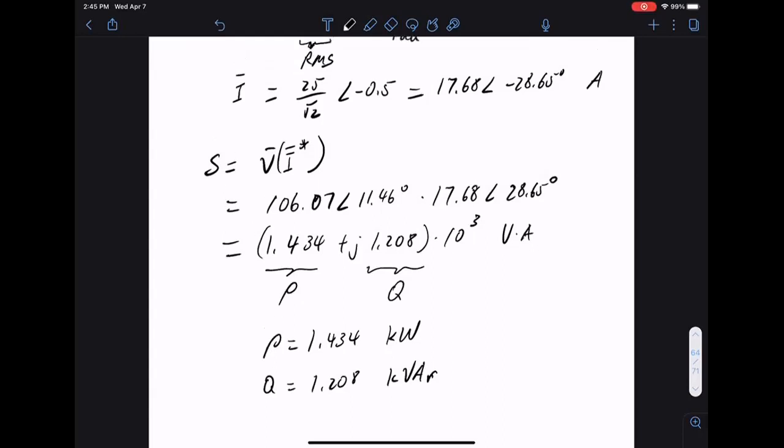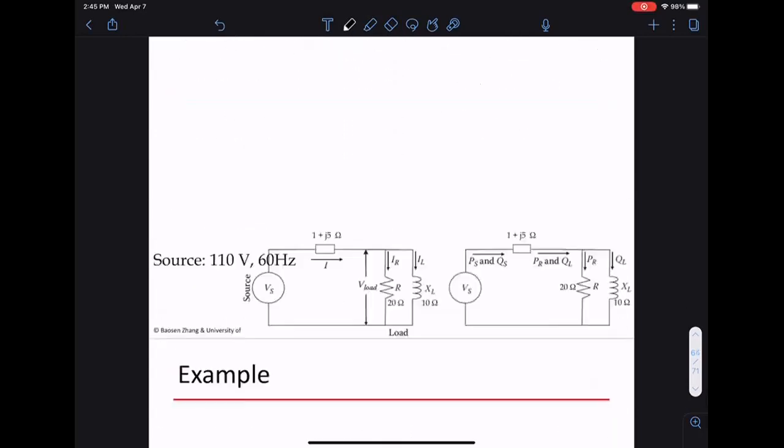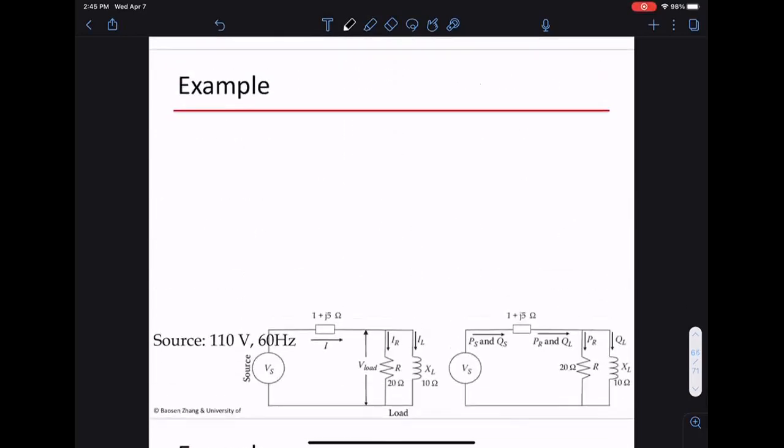All right, so then we can do more. Let's work through a little bit more complicated example. So here we're given a circuit, right, with a source voltage, and then we want to understand the power flow in the circuit, right? We want to understand how much power is coming out of the source, how much power is being consumed by the load, what is the power loss in the line.